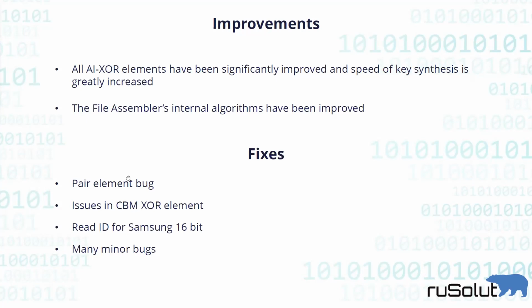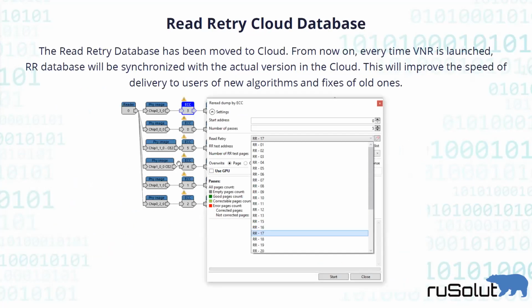And now we come to the significant changes. The first thing is the Retry database. We moved this database now to the cloud. Now each time you launch VNR, your Retry database will be synchronized with the one which resides on the cloud.